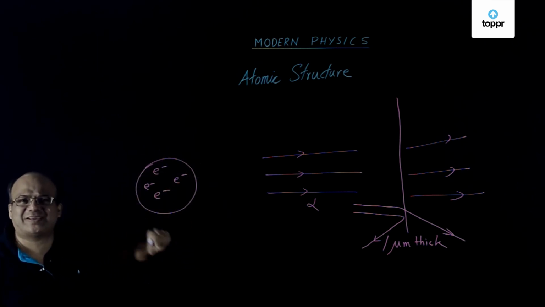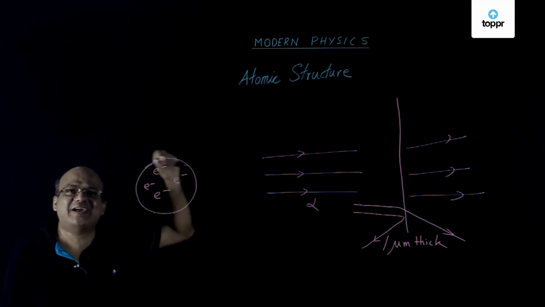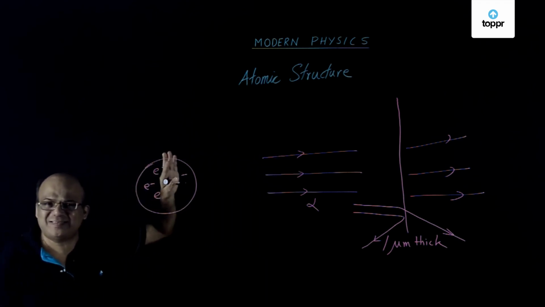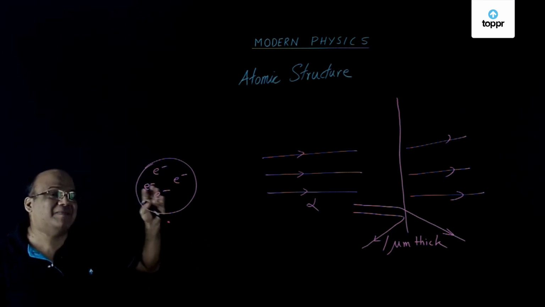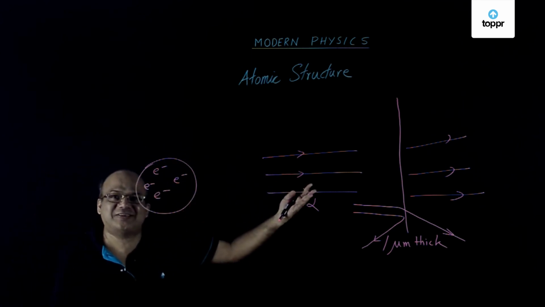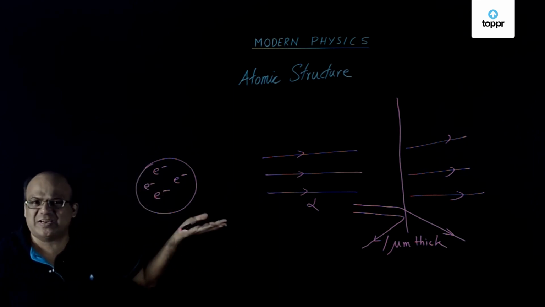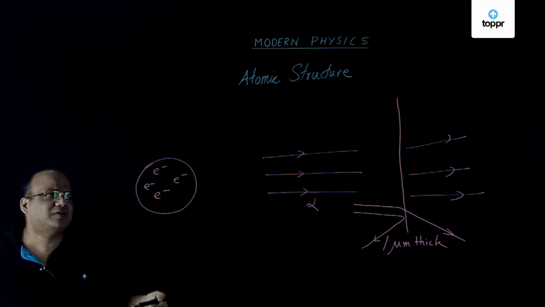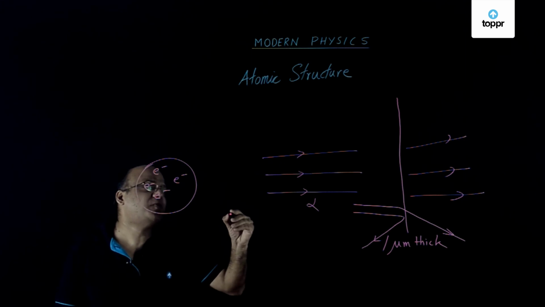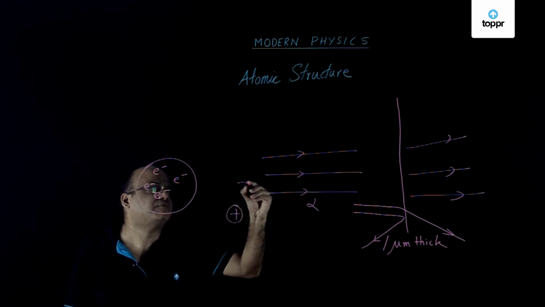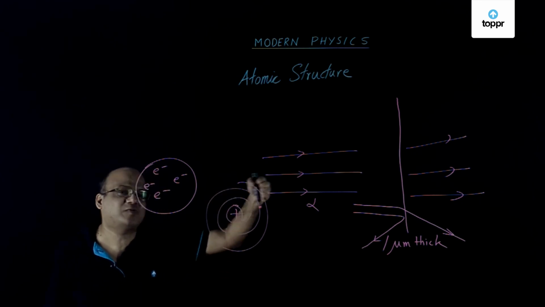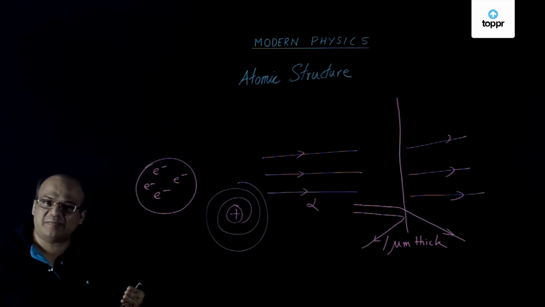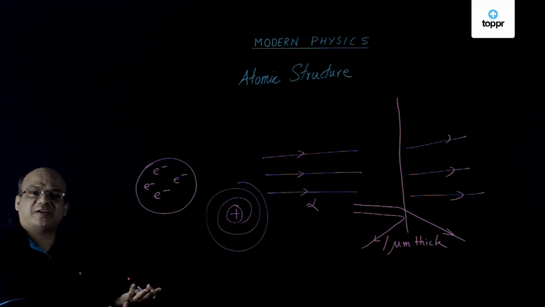Whenever a charged particle accelerates, it will radiate energy and hence lose energy, right? It will emit electromagnetic radiation, therefore it loses energy. And therefore, the electron should follow a spiral path and fall into the nucleus. Continuously losing energy, its kinetic energy will come down and it will follow this kind of spiral path and fall into the nucleus.